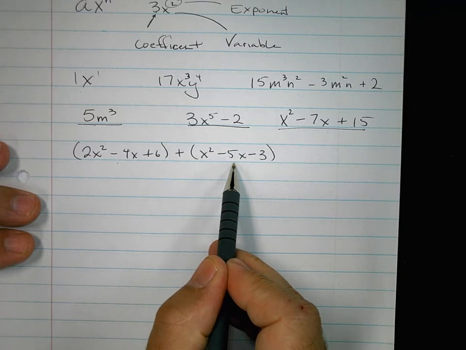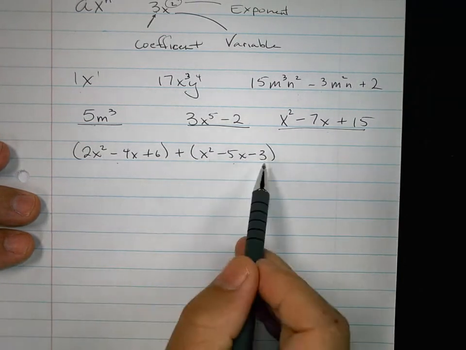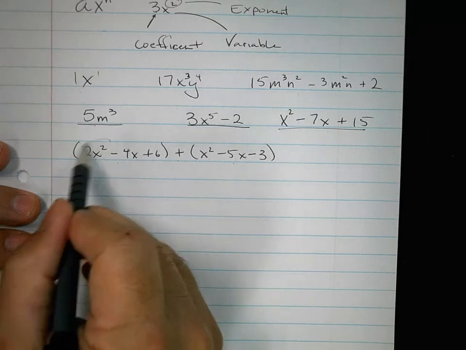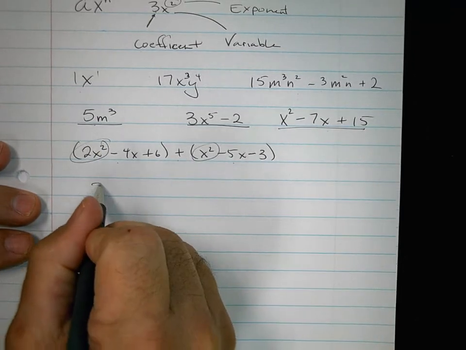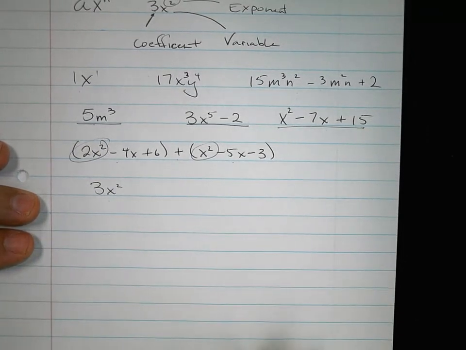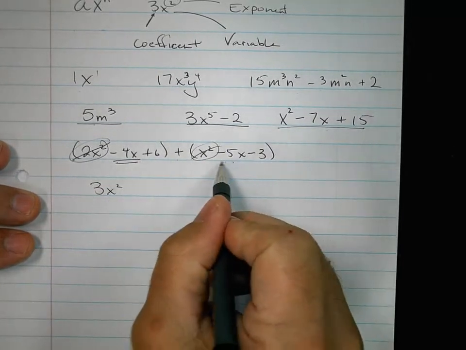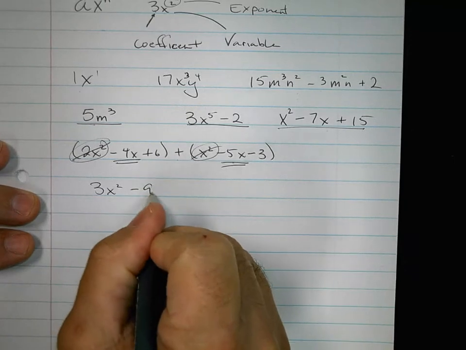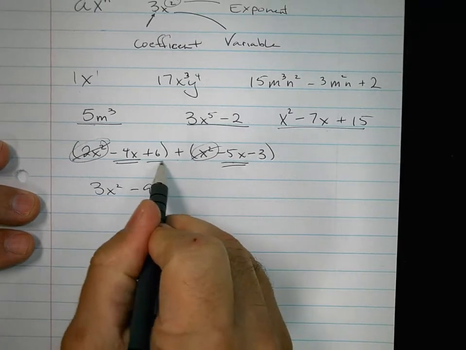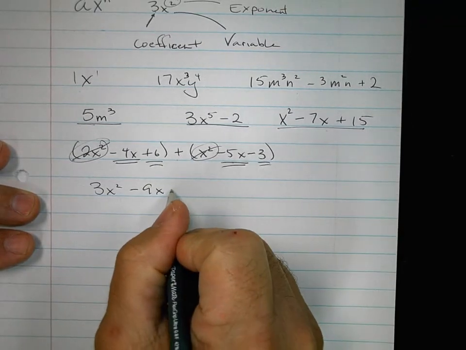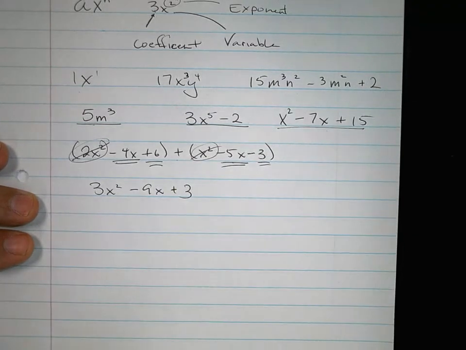We're just looking for like terms. We can actually just ignore the parentheses since we're adding. So 2x squared plus x squared is 3x squared. Negative 4x plus negative 5x is negative 9x. And finally, 6 plus negative 3 is positive 3.